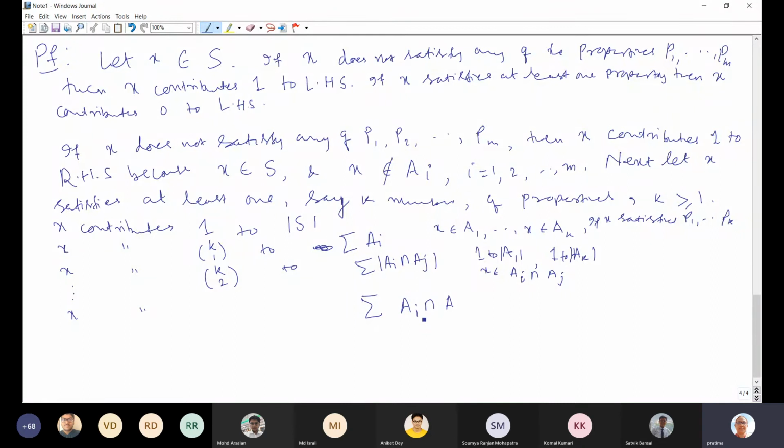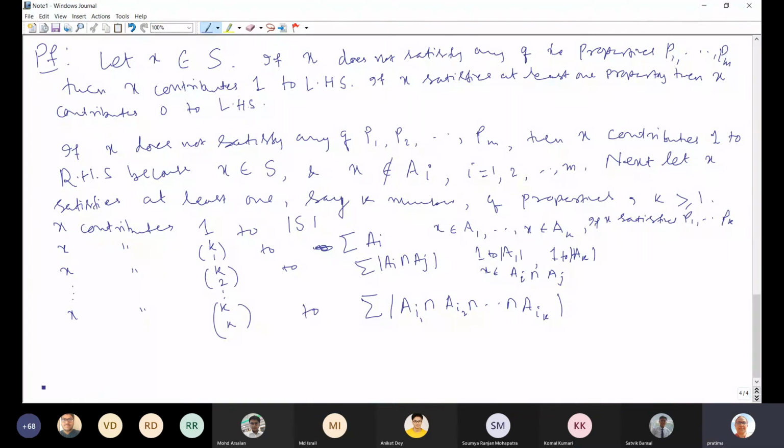Let me write this as Ai1 intersection Ai2 and so on, up to Aik. Up to this k it can go. In how many ways? It will contribute k choose k. It will go like this.